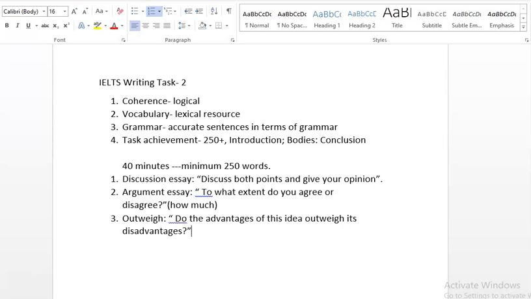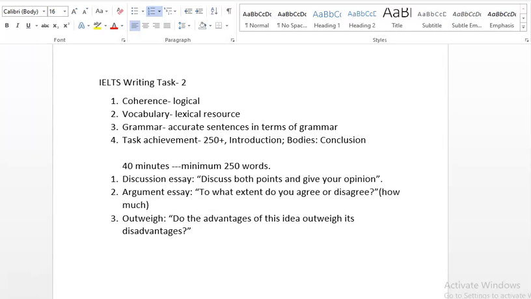Now the topic is also similar to opinion, because you should also say your opinion here. But along with that, you should say, are there more advantages or disadvantages? By the way, outweigh means surpass, or in other words excel, to be more than the other.